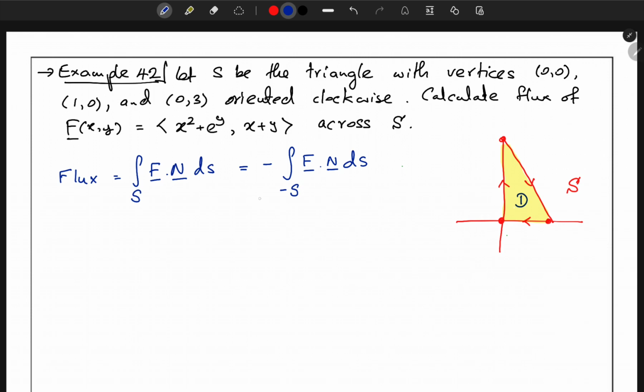Now remember, if you change the direction, then you should include a negative sign. Okay, now we can use Green's theorem to evaluate this part.